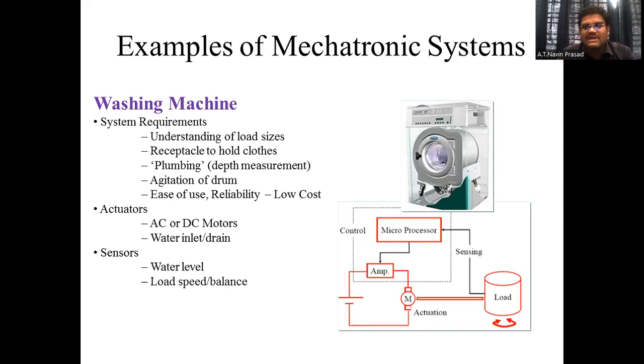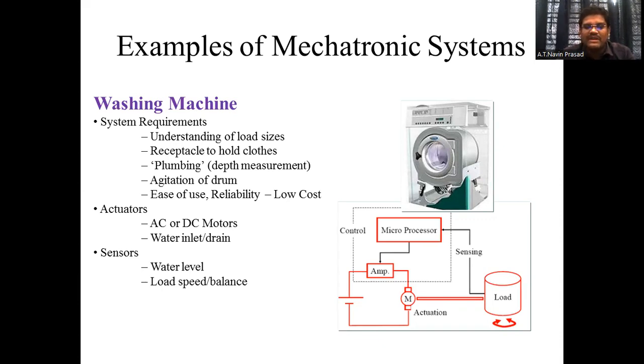So, actuators. What type of motor are we going to use? We are going to use either an AC motor or a DC motor, and the water should get in and also get out. Sensors: what type of sensors will we use? For example, water level. In the washing machine, you can fix the water level like 1, 2, 3, 4, 5, right? Why are we fixing the levels?